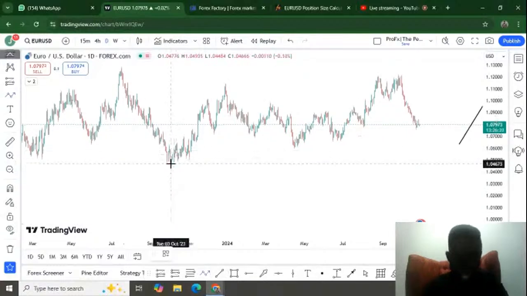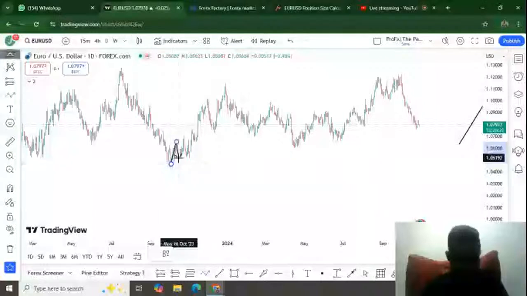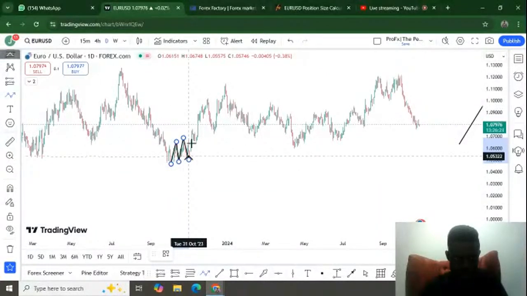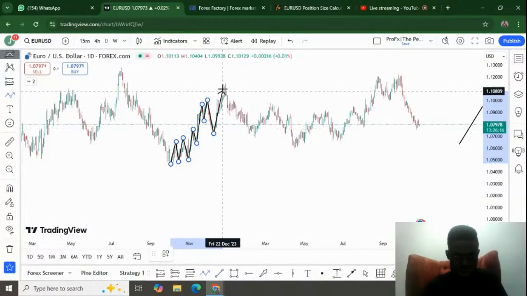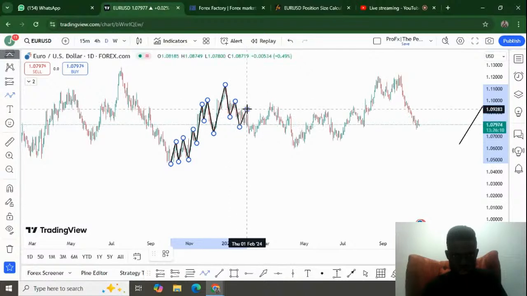I trace every swing. We are interested in the swings. Swing high and swing low is what we are interested in tracing.